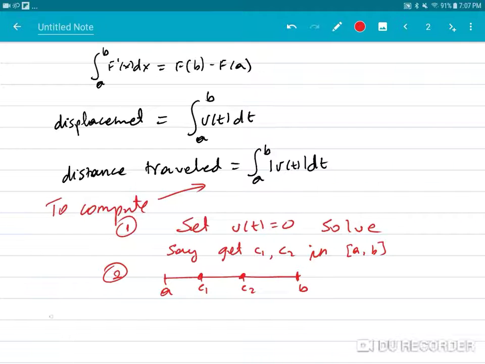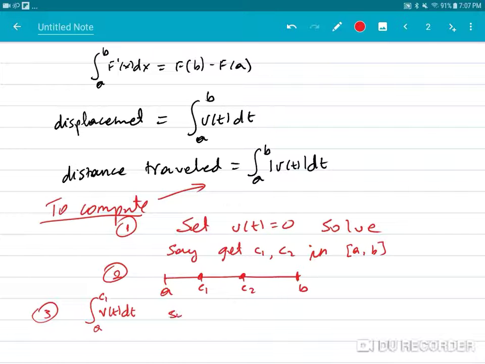So this is the process to compute. Set that to 0, and then find the zeros, and then integrate from a to c1 of the velocity function. It can give you positive or negative depending on whether the velocity was negative or positive in this interval. If the velocity was positive, then this would be positive, and it would be telling you that the object was moving forward.